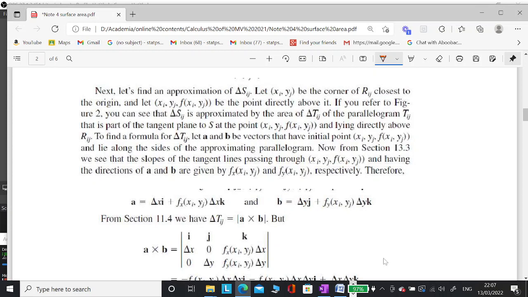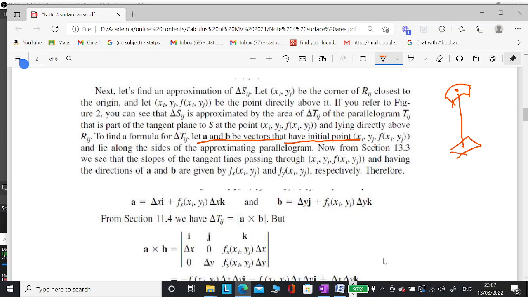For Tij, let a and b be vectors that have initial point xi, yj, f of xi, yj. That is the bottom rectangle; this portion we have projected, and on the surface we have something like this.